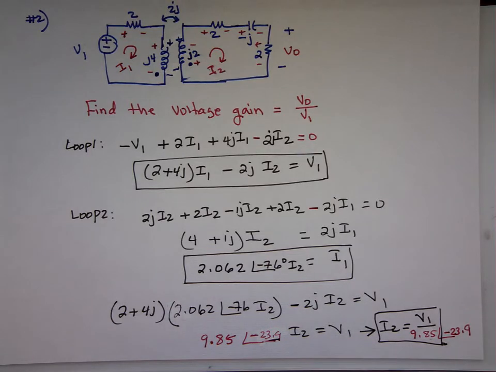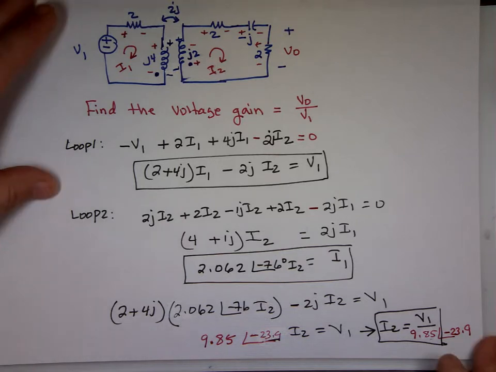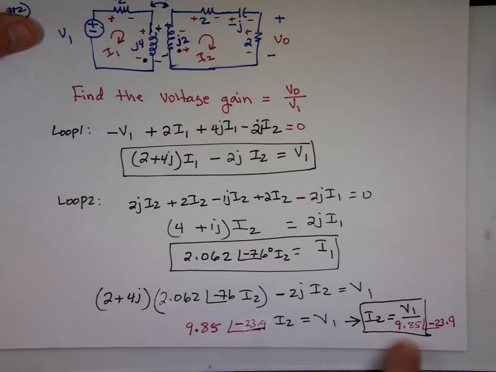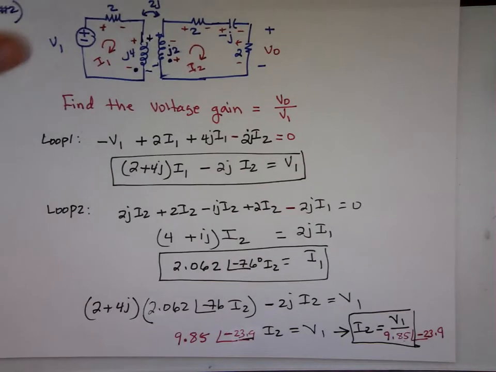Now let's go to the next page. V out equals 2 times I sub 2. This is what I sub 2 is. So let's repeat that part.